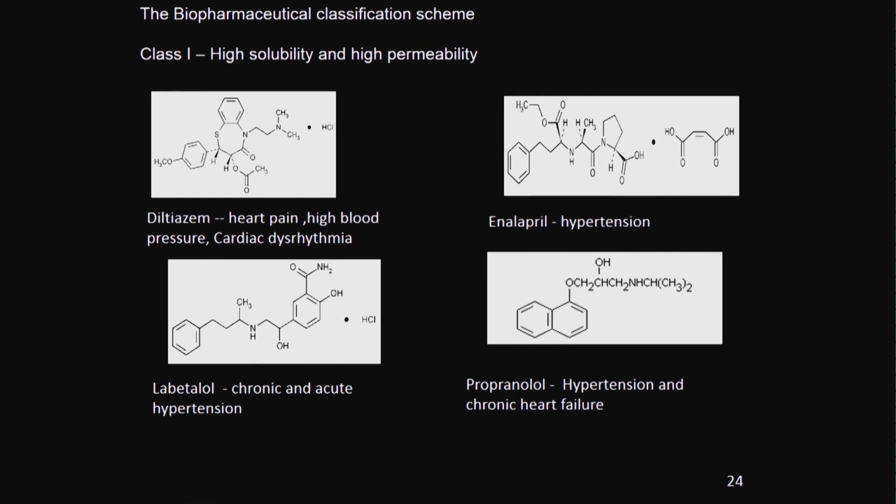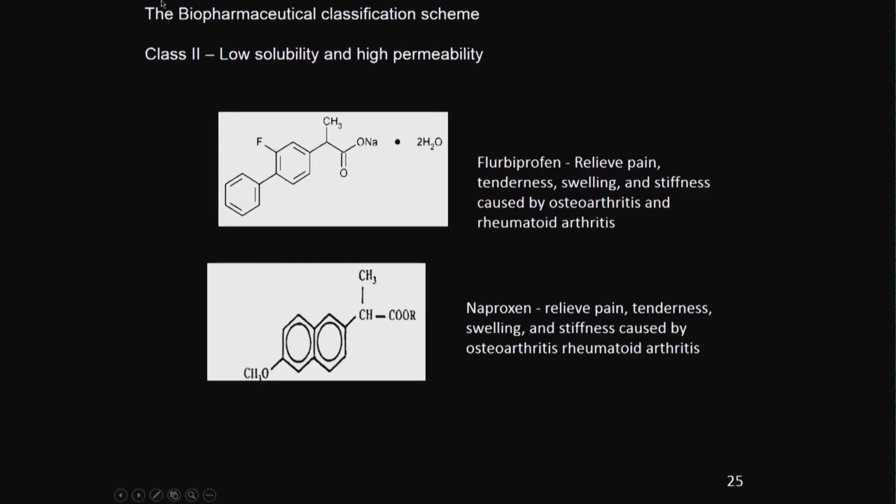Now, let us look at class 2 type of drugs, low solubility, highly permeable, that means its hydrophilicity is less, permeability is good, that means it is hydrophobic. Okay.